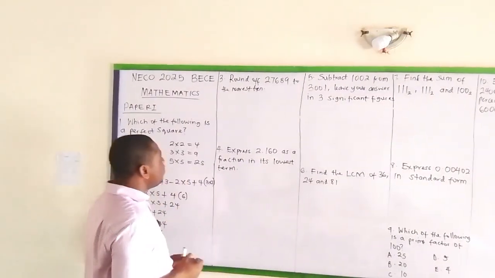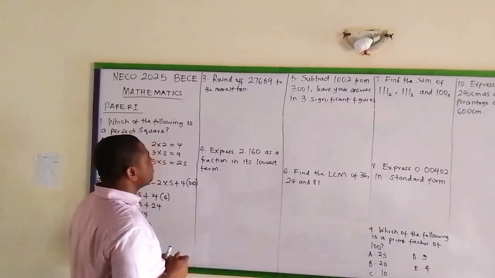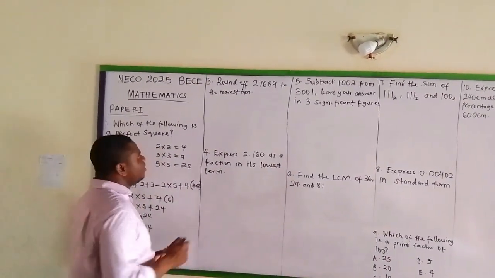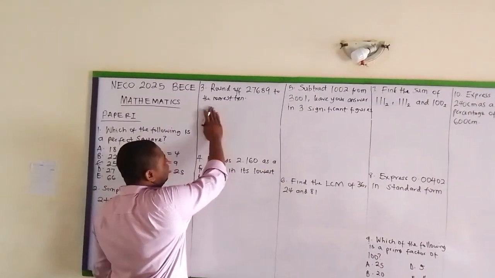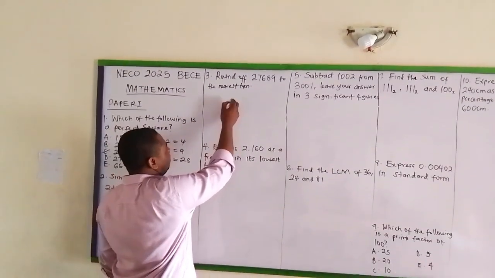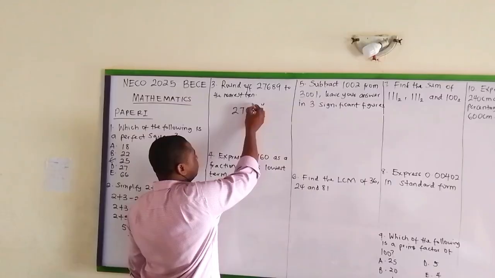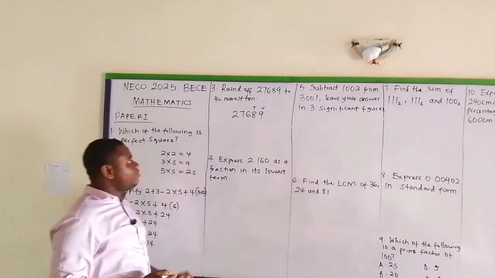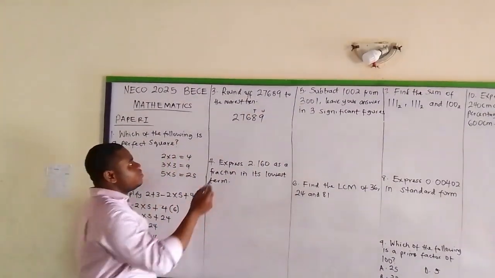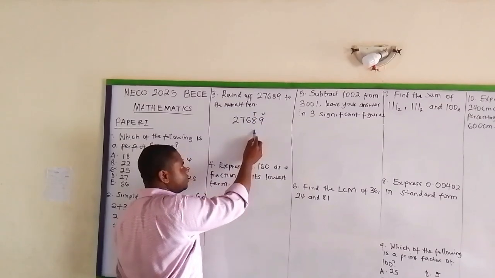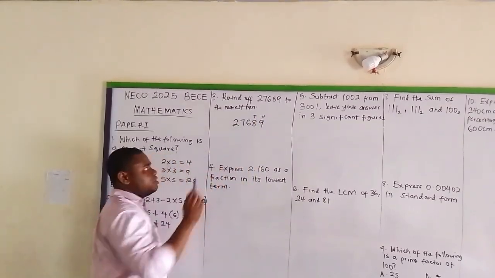Alright, question number 3 says, round off 27689 to the nearest 10. Don't forget our place value will play a very important part here. 2, 7, 6, 8, 9. This is the unit, this is the 10. Now, I'm asked to convert this to the nearest 10. It therefore means that it is only the unit that can influence the 10.